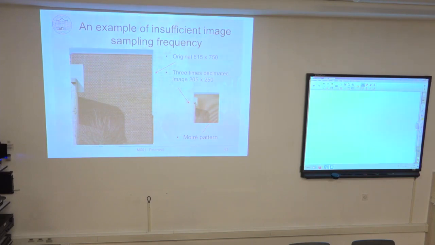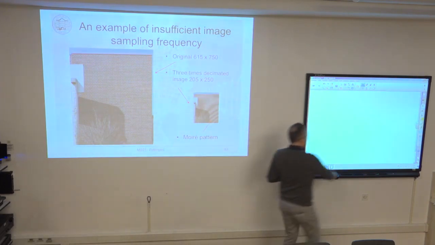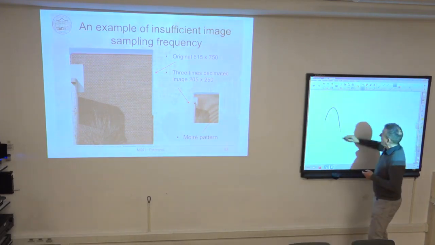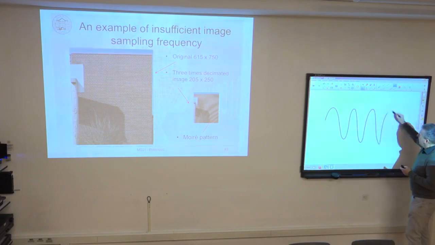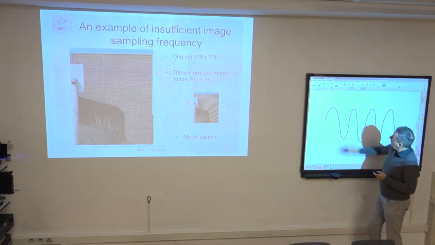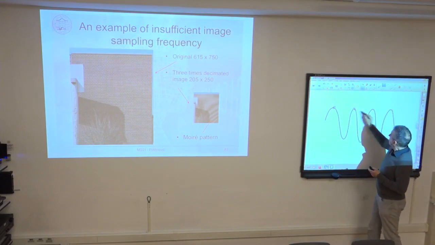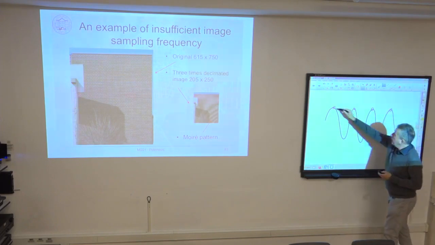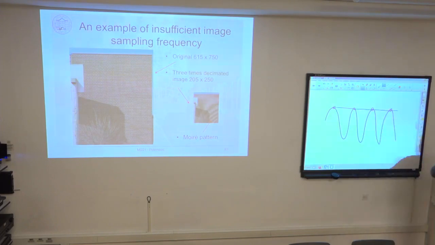If we sample, for example, just as an illustration, a sinusoidal signal, and if I sample only at these points, what I get is a DC value, a constant value. So I get a sampling rate that is equal to the signal frequency.